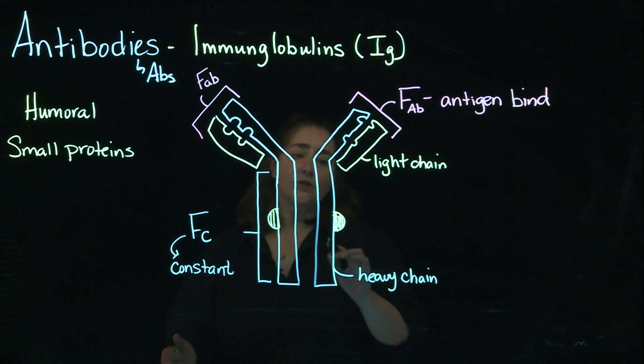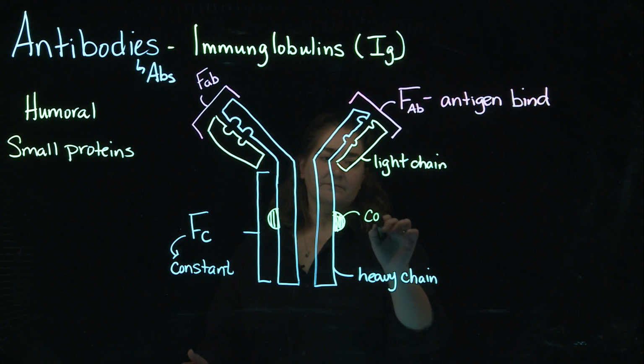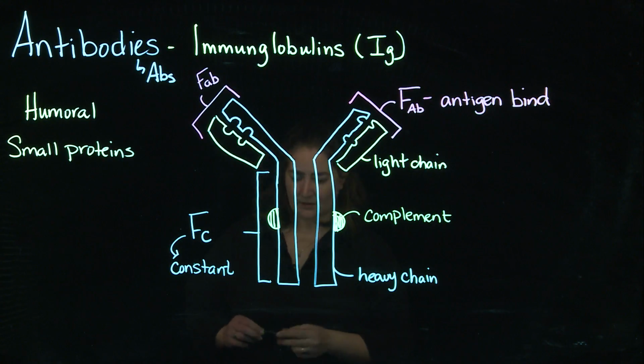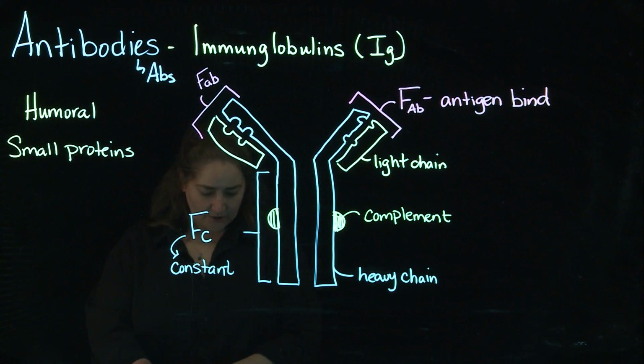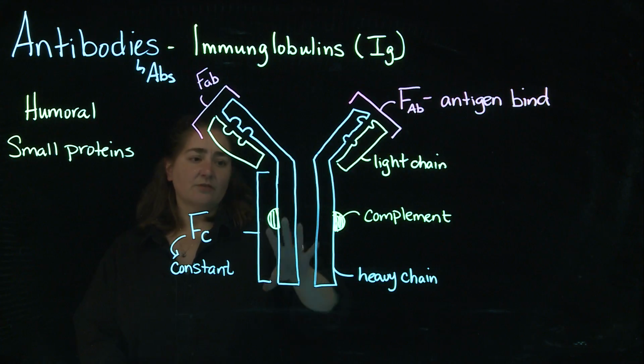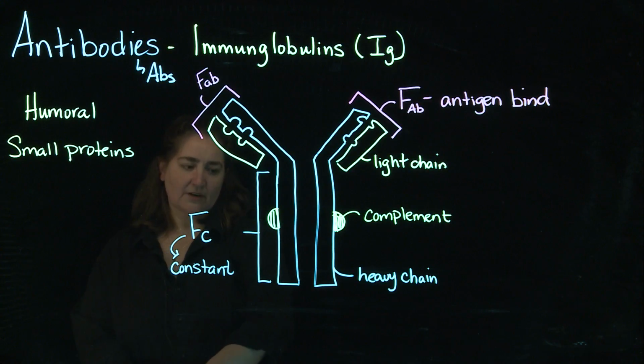This is the portion of the antibody that complement will bind to. So this is generally how things are arranged.